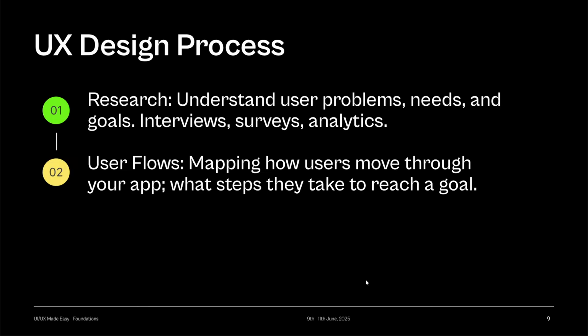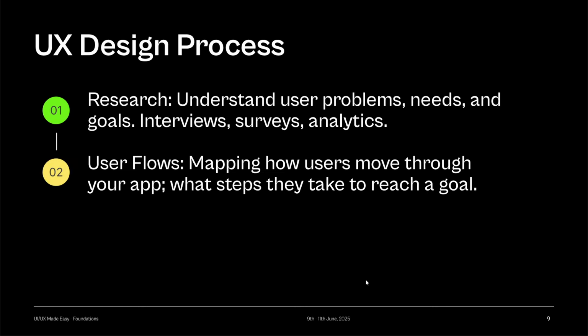So next one will be user flows. User flows is the mapping of how users go through the app, like from menu, your login screen, your sign up screen. Maybe there's a Google account, the person has to sign in, and then the verification code that will be sent in. Those are what user flows are.